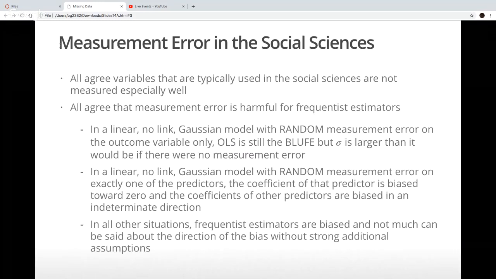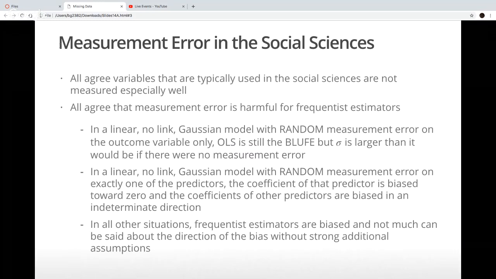And all papers that talk about this say the first thing we should try to do as social science researchers is measure the variables better. But there's a limit to how well that could be done, particularly for social science variables that are commonly used. And so even if it were done better, it would still be done pretty badly.